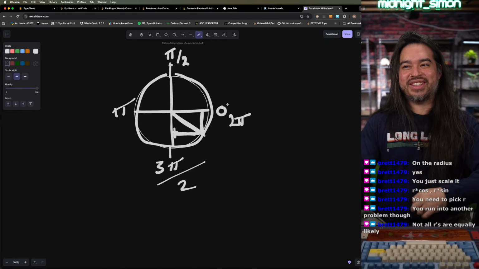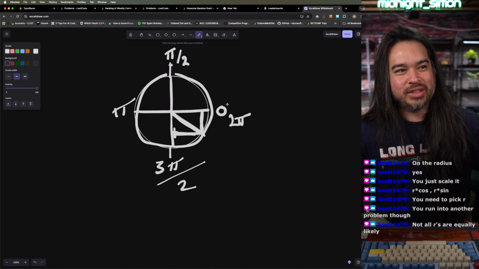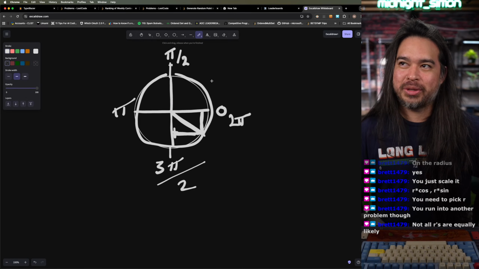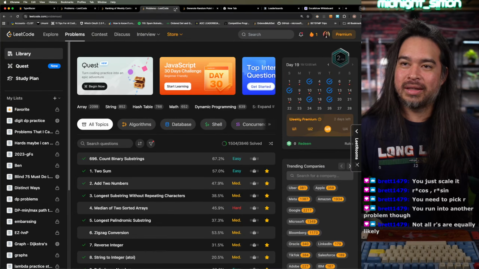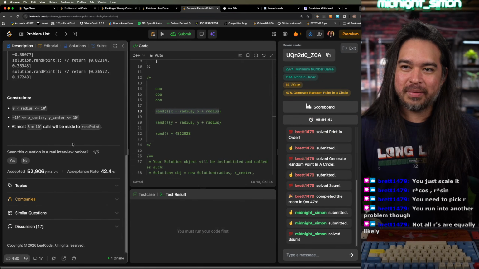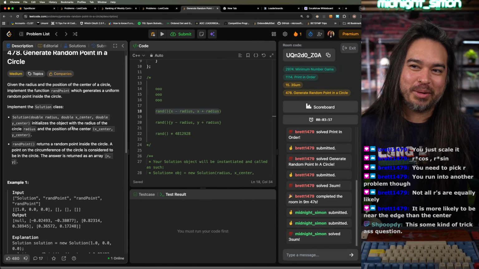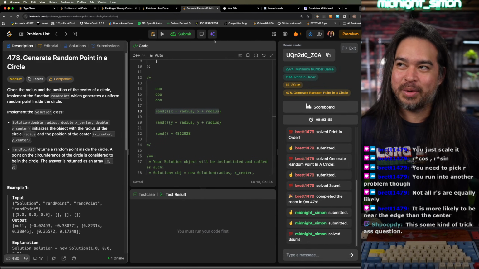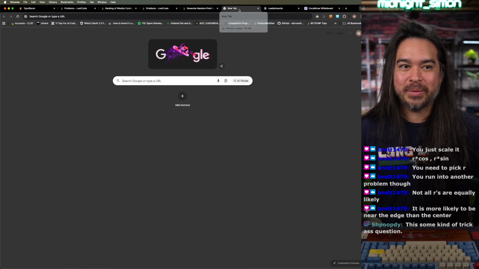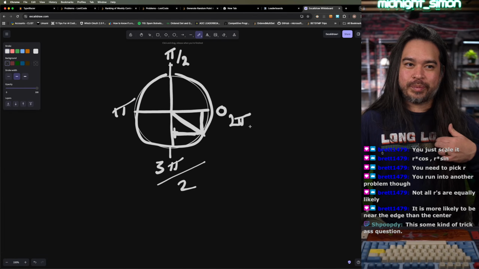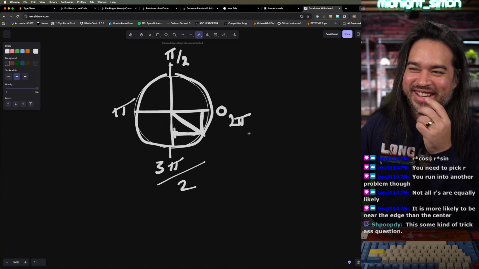Oh, dang, man. Not all R's. So you actually solve this problem like a true random circle. How do they check that? They actually did it right. Because I'm sure lots of people probably submitted this where it's not a uniform random, huh? Some kind of trick question.